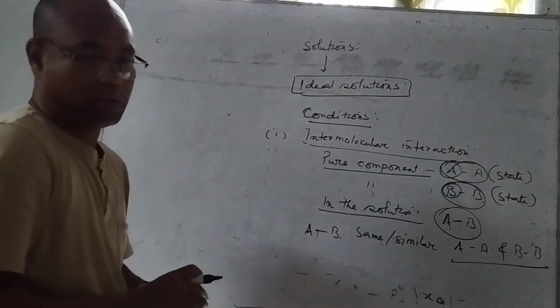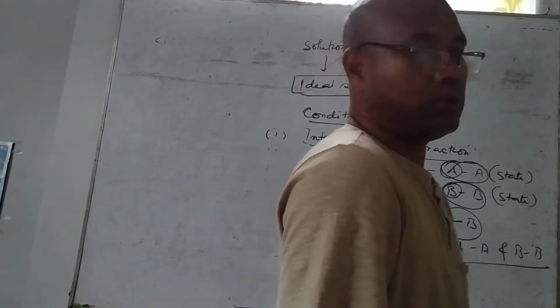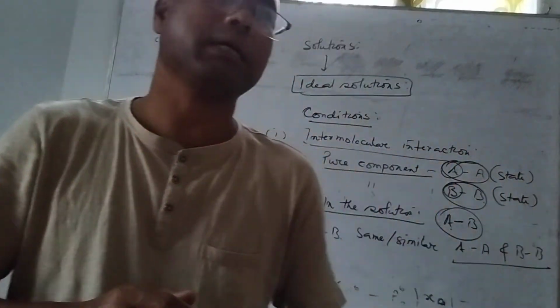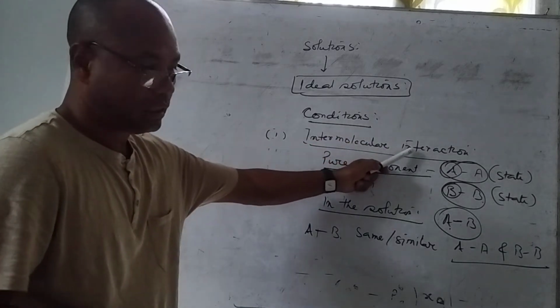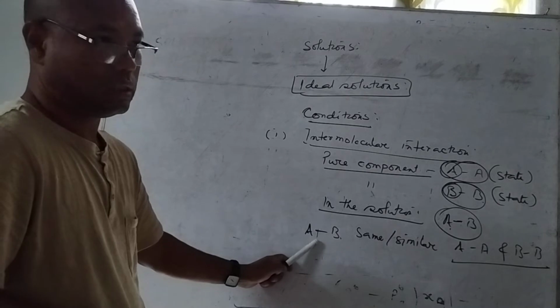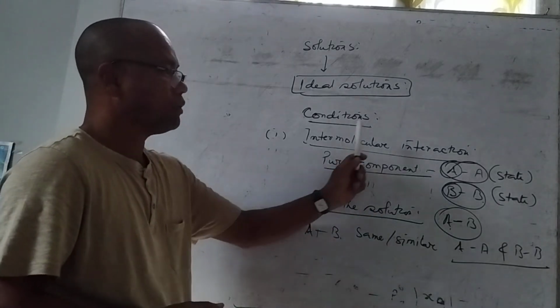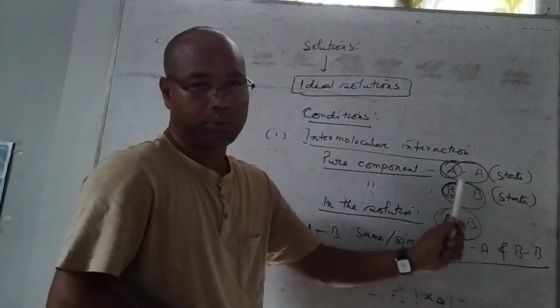Let me repeat it once again. What is the most important condition for the ideal solution? One of the most important conditions for our ideal solution is that the intermolecular interaction of the components in the solution is similar to the intermolecular interaction of the components in the pure state.